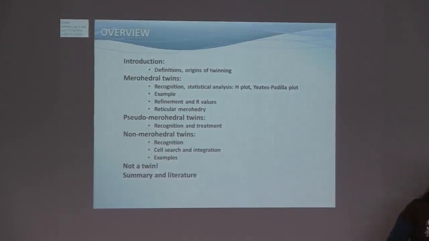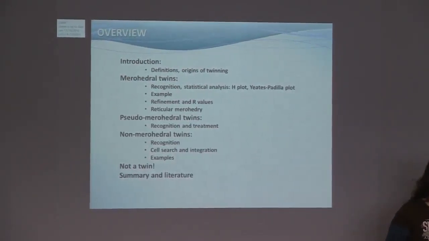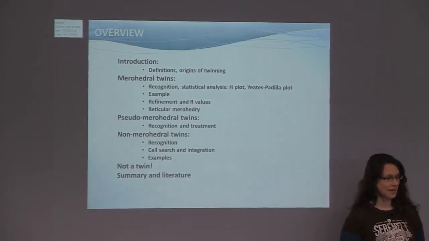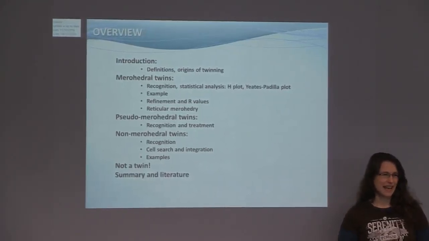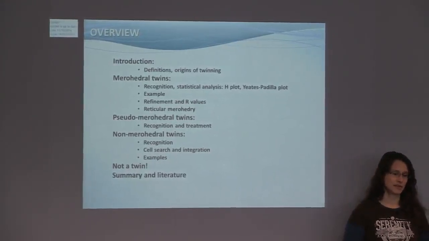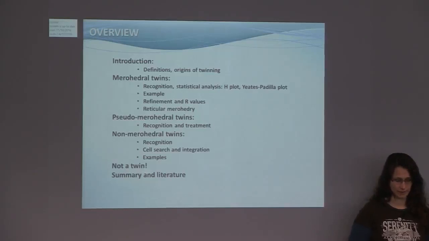There will be a question in the very beginning. We are then going to look at different types of twinning. We're also going to look at what is not twinning. And we're also going to talk about how to deal in macromolecular crystallography with a twin.